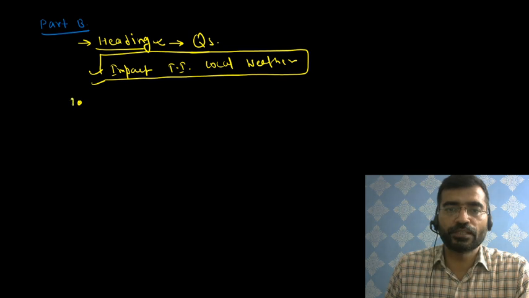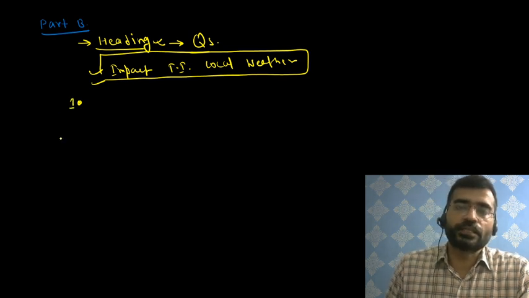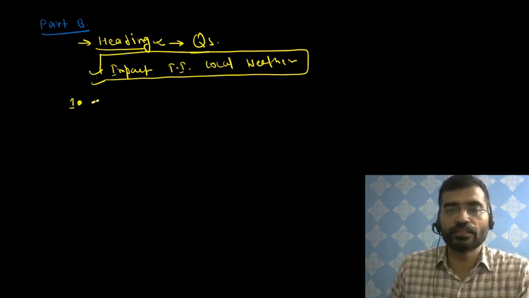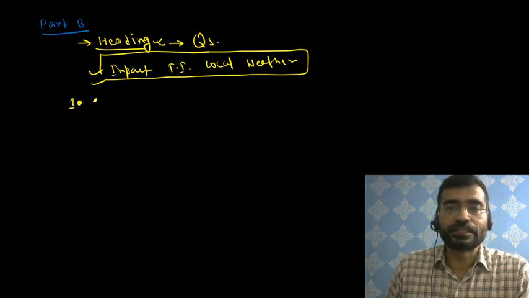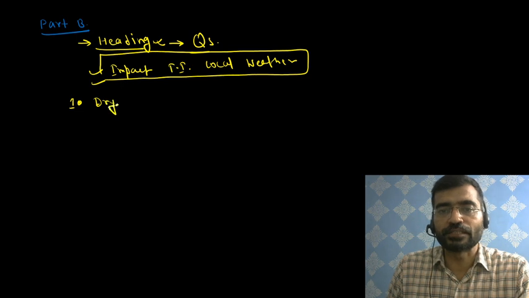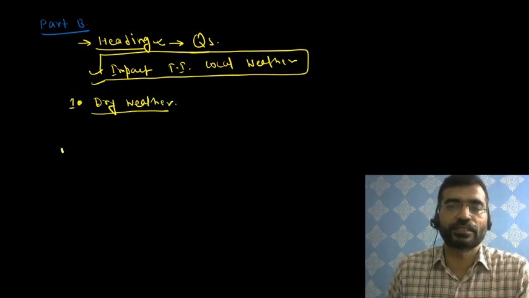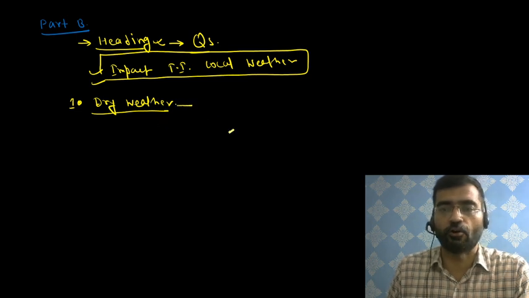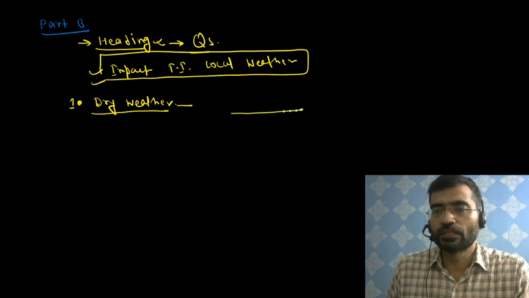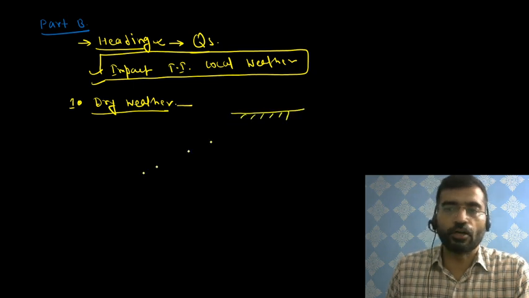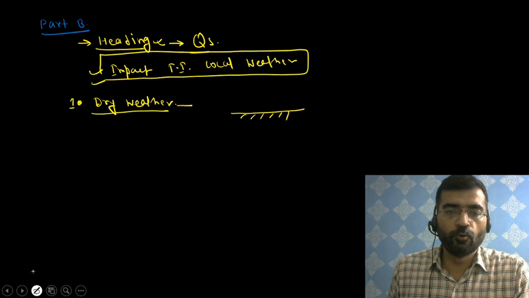So the very first condition is that temperature inversion always hinders rainfall, and that creates dry weather conditions. How does it create dry weather conditions? It is quite obvious. Suppose the ground surface is occupied by cold air.